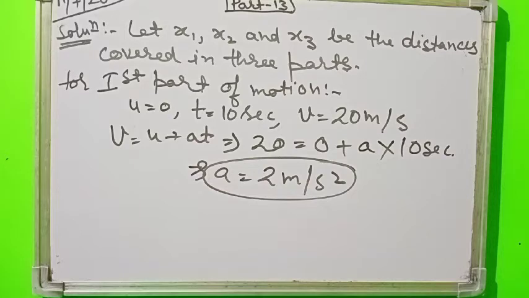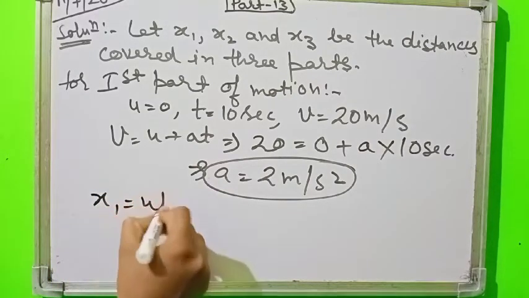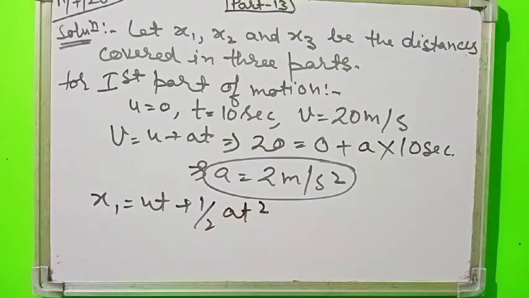So x1 is equal to ut plus half at square.